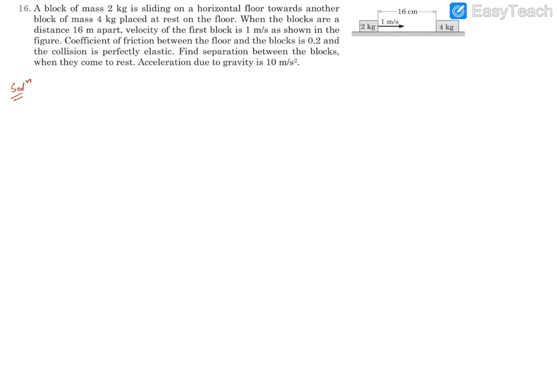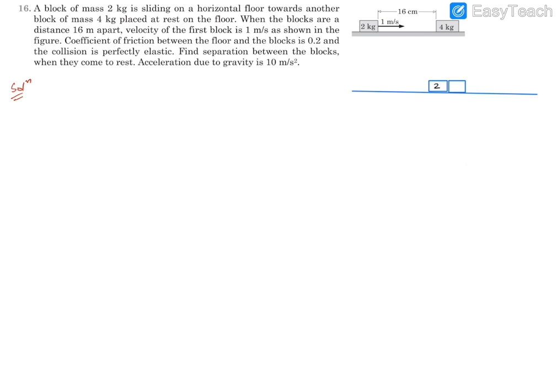This 2 kg block is going to move to hit this 4 kg block. So let me draw a situation a little later when the two blocks are going to collide. This 2 kg block and this 4 kg block will be closer at the instant they are going to collide.